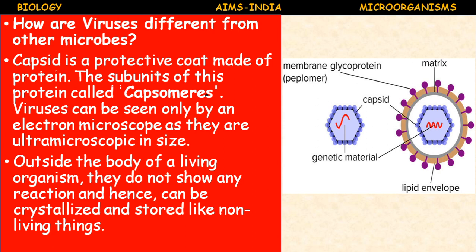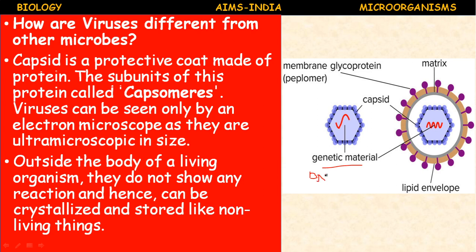A virus, when it is outside the body, is like a dead, stone-like, sand-grain-like, non-living thing. But it gets life only when it enters into the host. See here, this is a virus. It contains the genetic material, either DNA or RNA. What is genetic material?